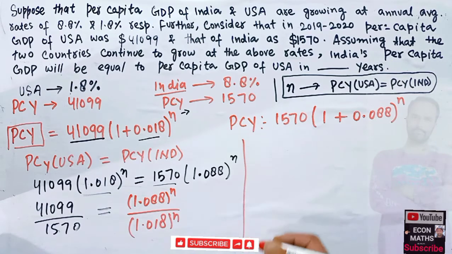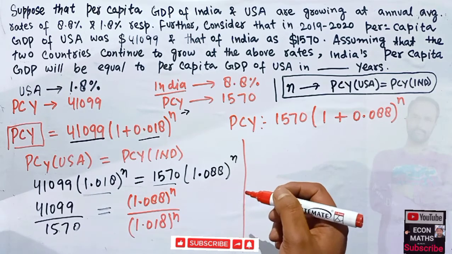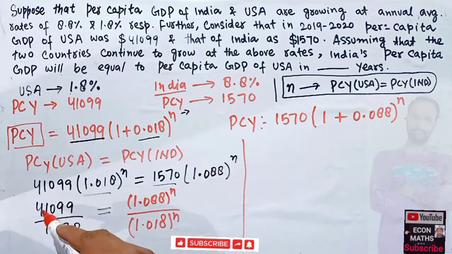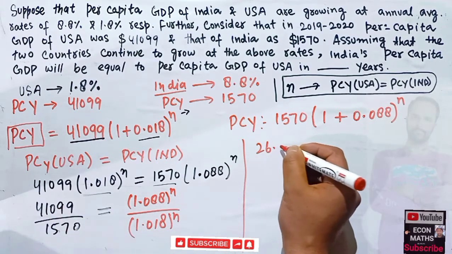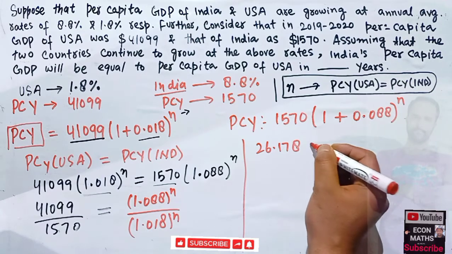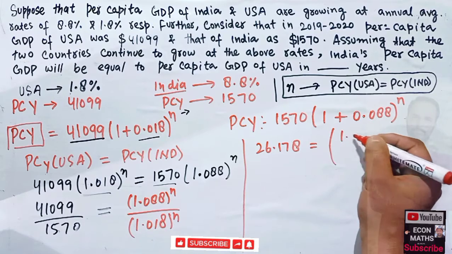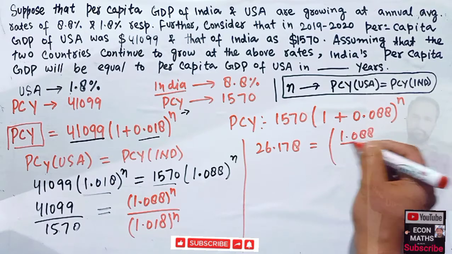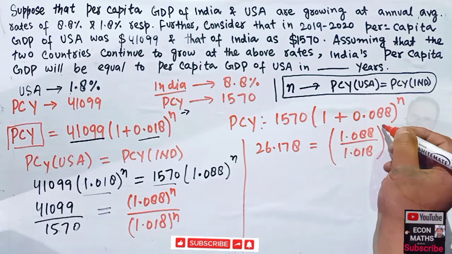This can be written like this. If we divide this, it comes out to be 26.178, which should be equal to (1.088 upon 1.018) whole raised to the power n.